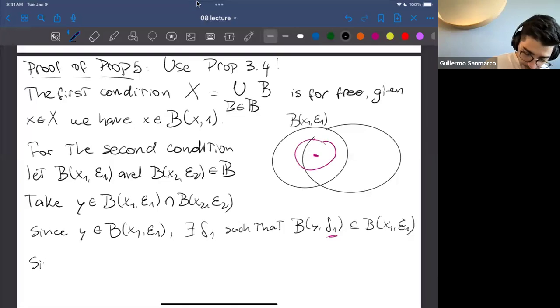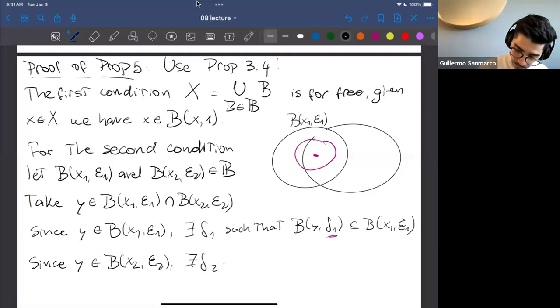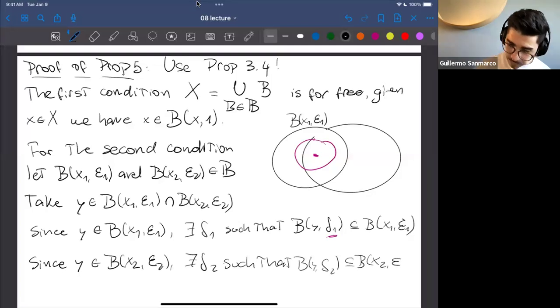Since our y is also in the other ball, B(x2, epsilon 2), because it's in the intersection, there's probably some other delta that's going to work for that second ball: the ball centered at y of radius delta 2 inside B(x2, epsilon 2). Okay, so maybe something like this. Maybe that one is good enough.